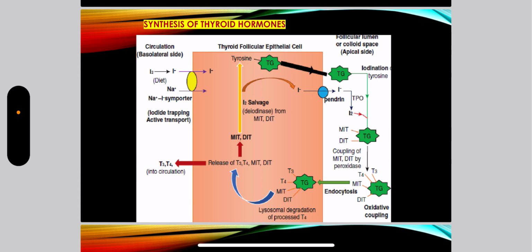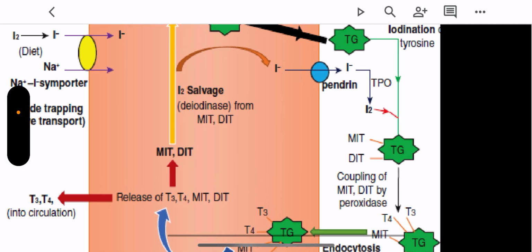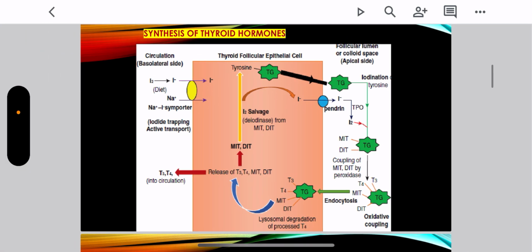Coupling of iodotyrosine residues, that is monoiodotyrosine and diiodotyrosine. You can see from this figure, iodine, once it is formed, forms monoiodotyrosine and diiodotyrosine. Now these derivatives get coupled. Coupled means they come together.